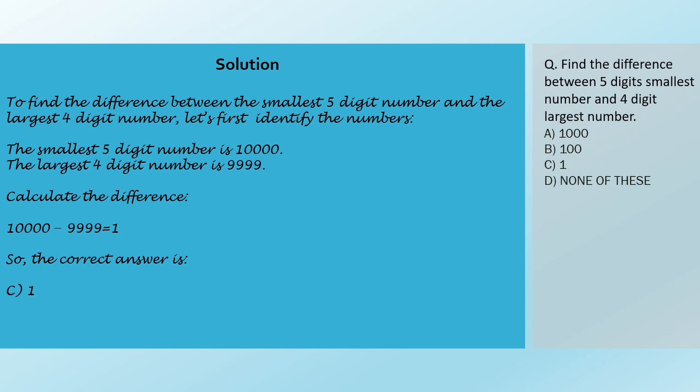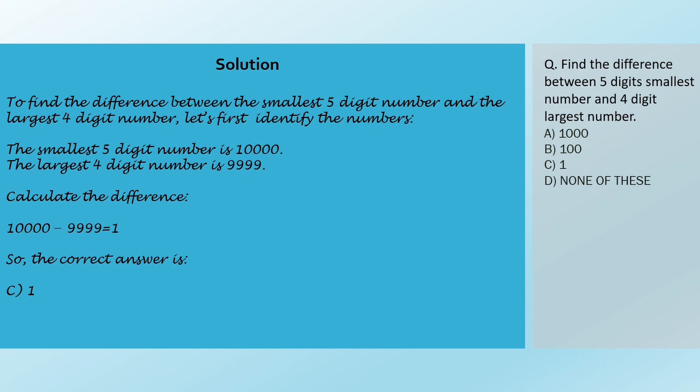Here is the trick I would like to tell you. If you have a similar problem where you are finding the smallest n digit number and the largest n minus one digit number, the answer will always be one. Here we have smaller digits, so it's easy to find.